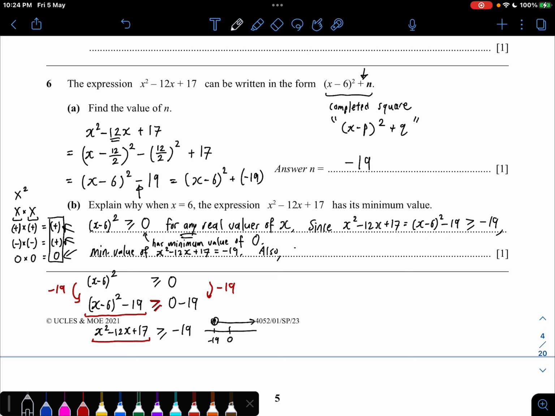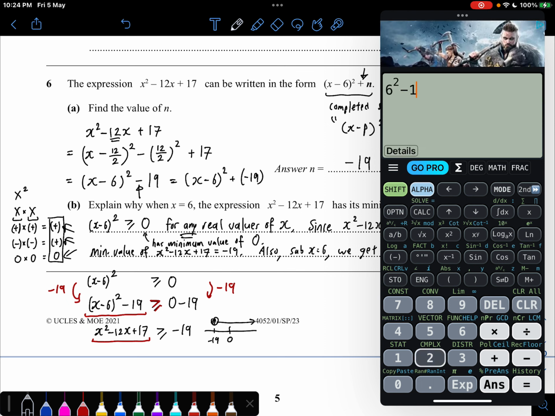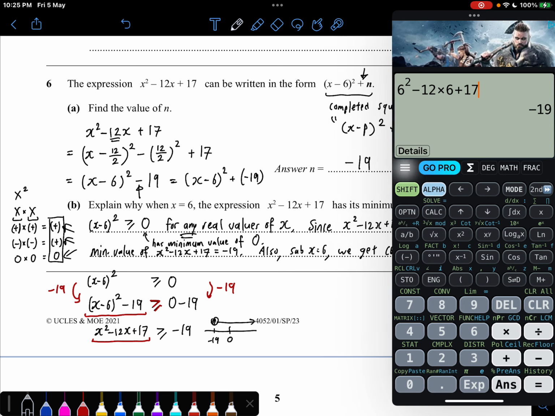Also, if you sub x equals 6, we get 6 squared minus 12 times 6 plus 17. Let's calculate it. What value do we get? 6 squared minus 12 times 6 plus 17. What a coincidence. It is also negative 19.